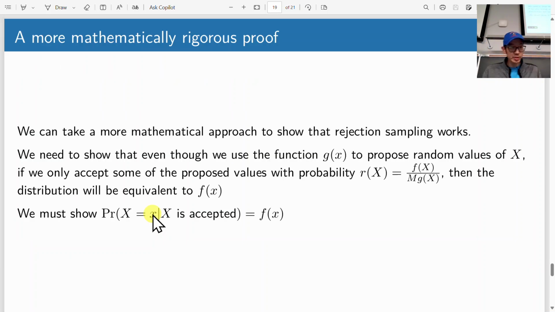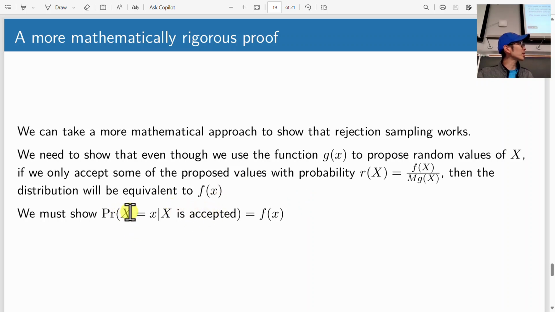Just to show that this works with something a tiny bit more mathematical, okay? What we want to show is that when you follow this process, the probability of getting X is equal to the desired PDF. So we want to show that we're going to generate values according to G, follow this process and accept only some of them.